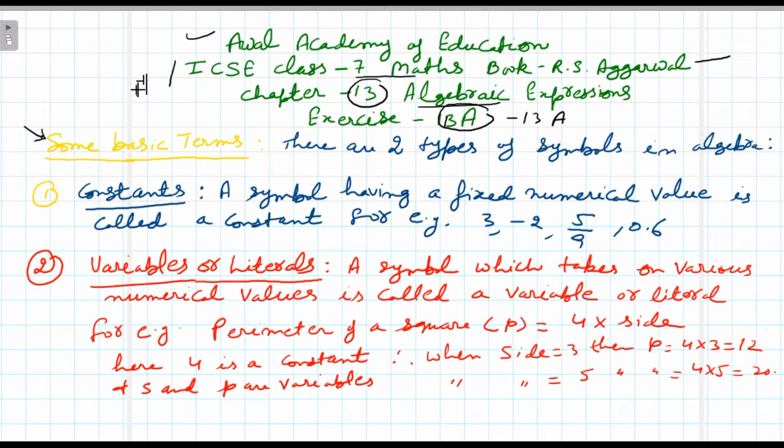So in the basic terms, first of all, you should know what is the algebraic expression. In arithmetic we deal with only numbers or figures with a single definite value, but in algebra we have to deal with symbols and numbers.